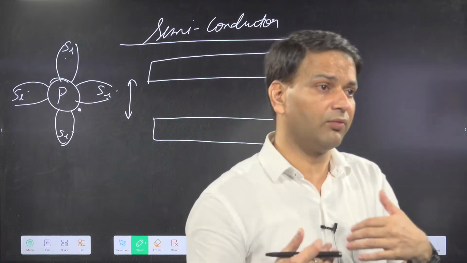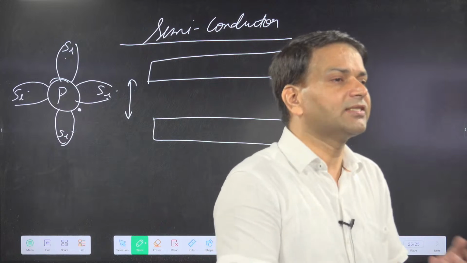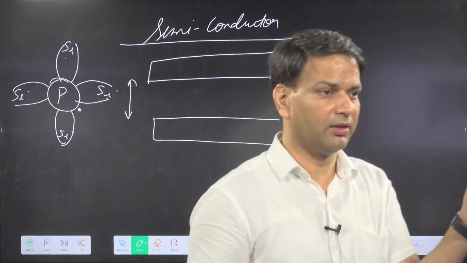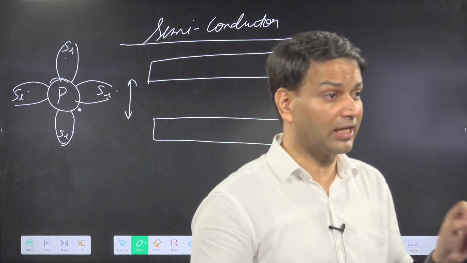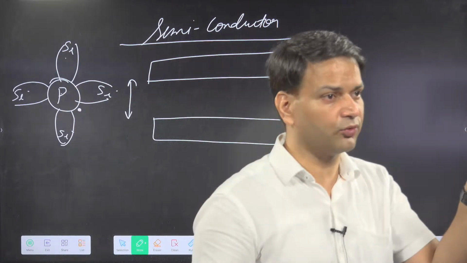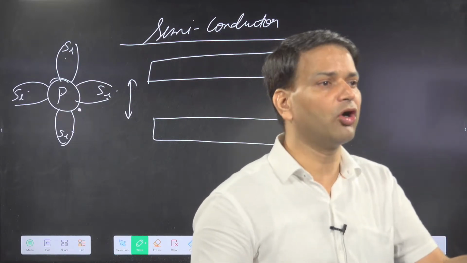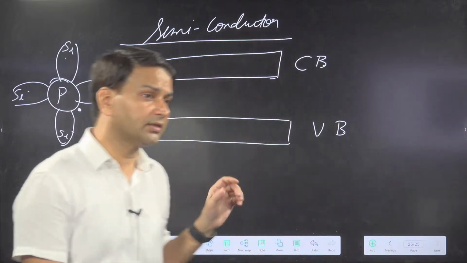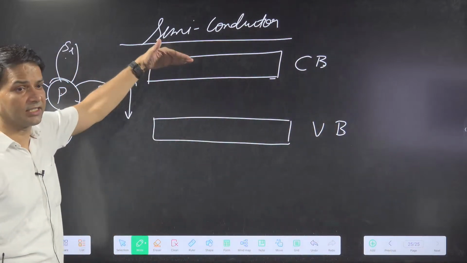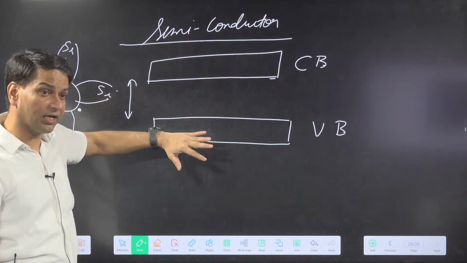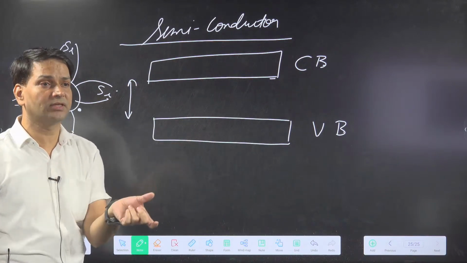That's why you can easily remove it, because it is not involved in the bonding. But since it is not free, we cannot directly take it to the conduction band. With a small amount of energy, it can come out and become free. So its energy will not lie in the conduction band, and not in the valence band either, because it is not involved in the bonding.